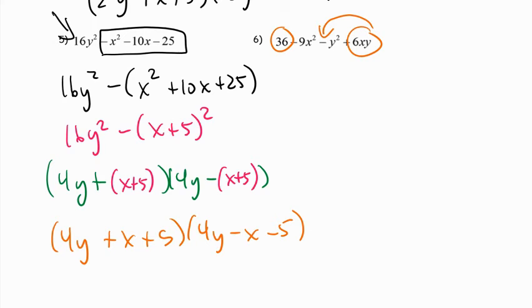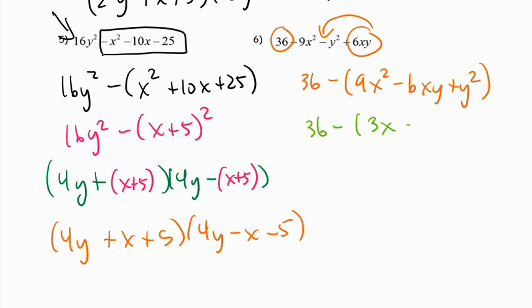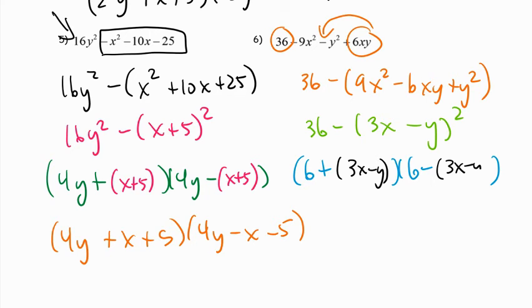This one's positive, so it's going to stay at the front. 36 minus 9x squared minus 6xy plus y squared. 36 minus, and that's going to factor to 3x minus y squared. 6 plus, 6 minus, 3x minus y, 3x minus y. 6 plus 3x minus y, 6 minus 3x plus y.